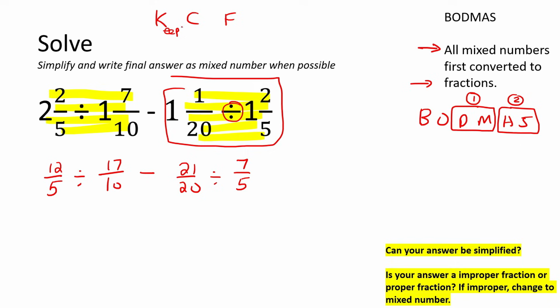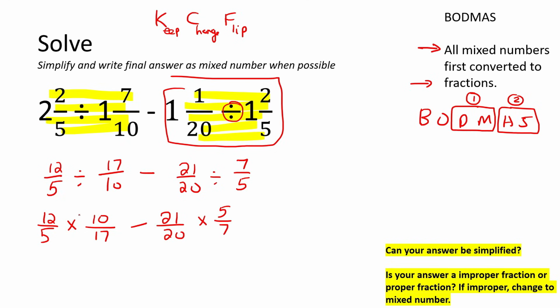Keep, change, flip. So keep the first one as it is, change the sign, and then flip this one upside down. So 10 over 17. And then for this part here, we're going to do the same. So you keep the first fraction, you change it to a multiply, and then you flip it upside down.